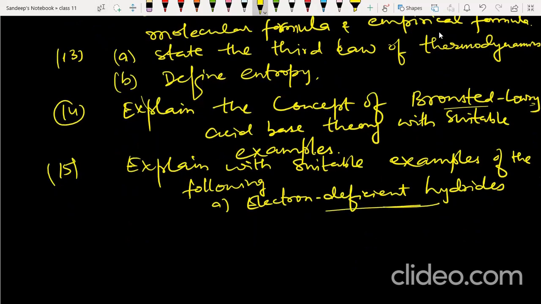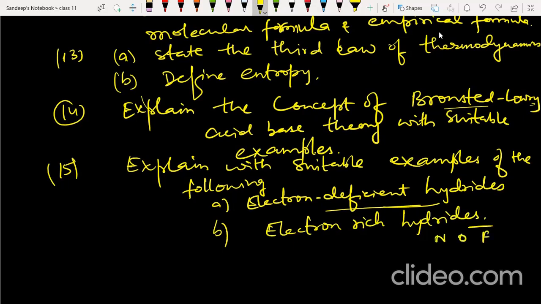Electron deficient hydrides are those which have fewer electrons than the 8 explained by the octet rule. Group 13 forms electron deficient hydrides. Electron-rich hydrides are the hydrides of groups 15, 16, 17, like ammonia, water, HF, whereas BH3 and AlH3 are electron-deficient. So keep this in mind. Very important hydrides.